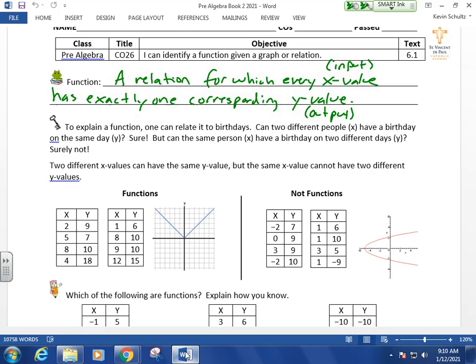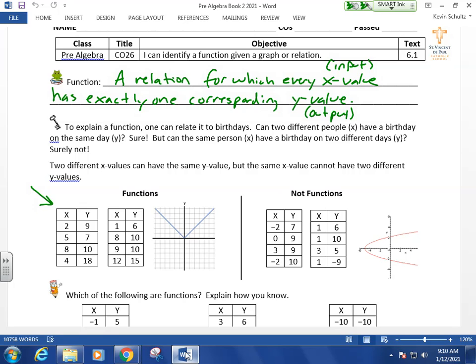So down below, skip that key point for just a second. I've got some examples, 3 examples of functions and 3 examples of not functions. Going back to our definition, which is a relation for which every x value has exactly one corresponding y value, in this first xy table that I've labeled a function, the x values are 2, 5, 8, and 4.